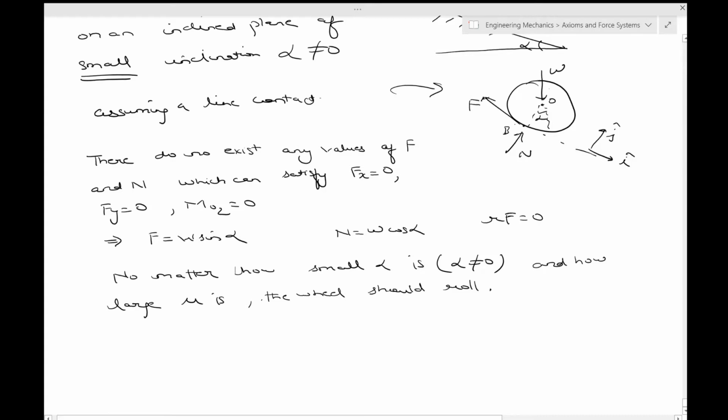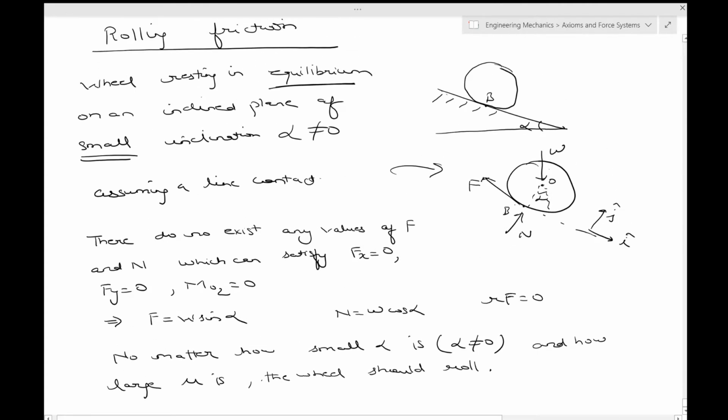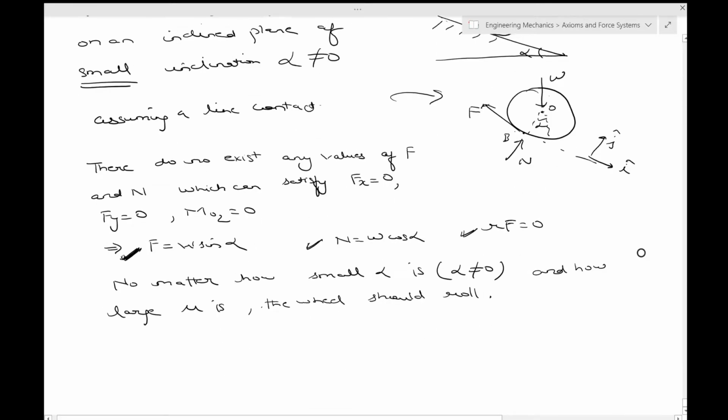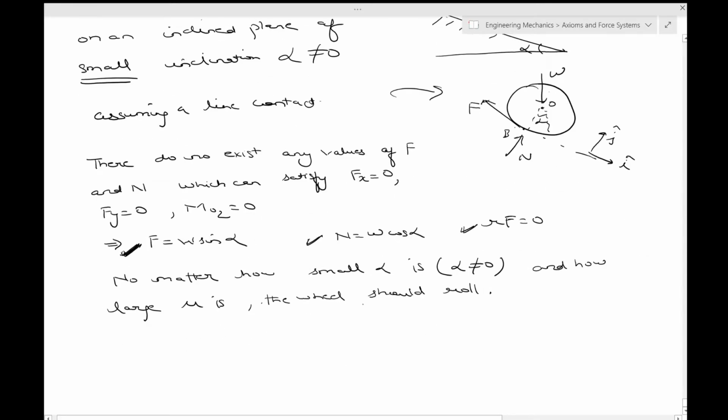Okay, so equilibrium will not be there. So this was the equilibrium, right? This was the force balance which we were doing, and because we were considering the wheel in equilibrium, but it turns out that the wheel will roll based on what we have just seen.